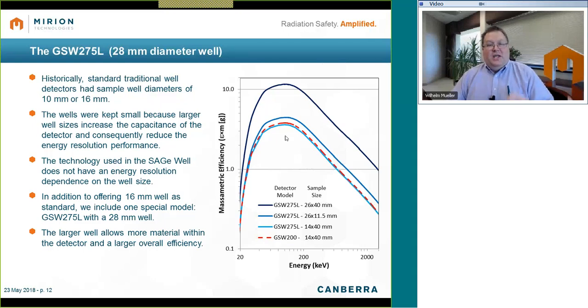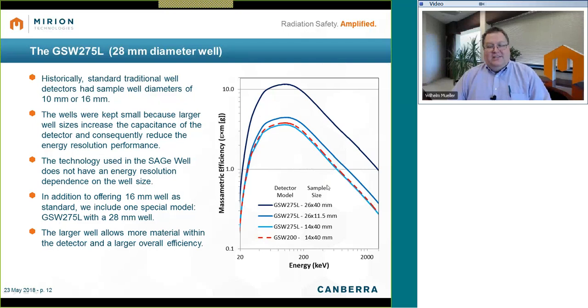However, if we take that same volume of material and put it into a vial that's suitable diameter for the 28 millimeter well, one can get a geometry that is 26 millimeter by 11 millimeter high. This is the same volume of material as the 14 by 40. And just by changing the geometry to be suitable for the larger well, one already observes a higher efficiency response.